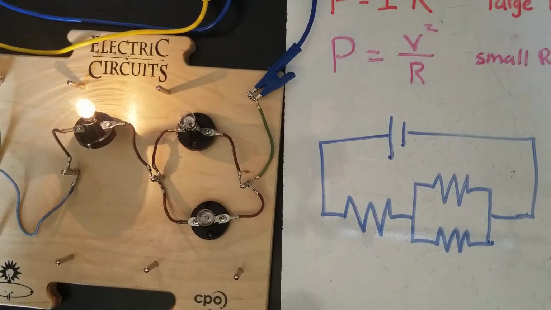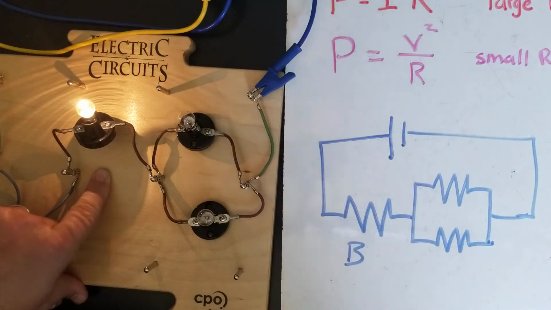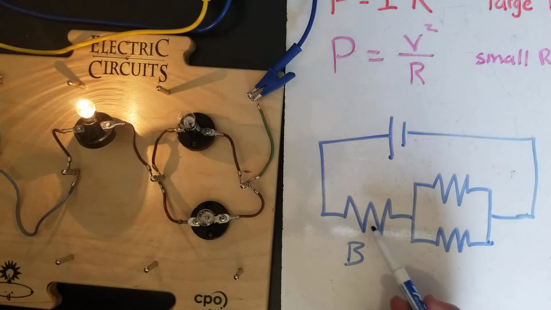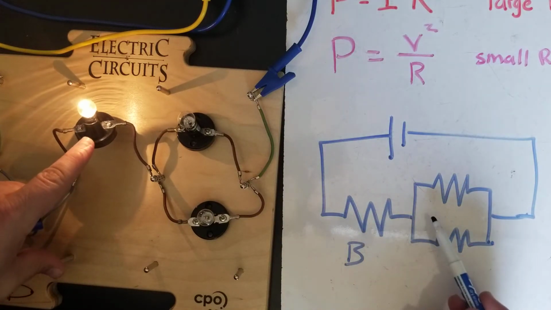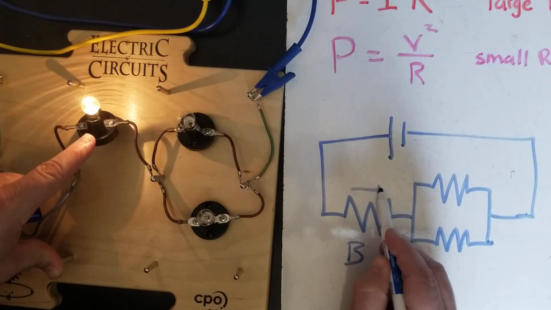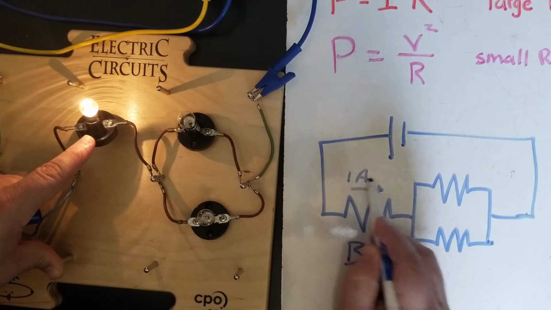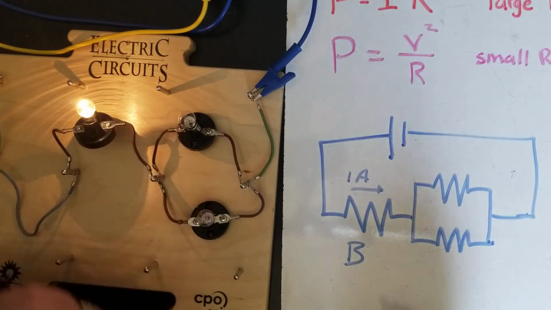So the circuit that we're looking at is right here, where this bright one, labeled with a B, is right there. And so the current that goes through the first bulb here has to then be split between these two here. And so if 1 amp of current went through that bulb, these guys right here would be splitting that 1 amp between them.